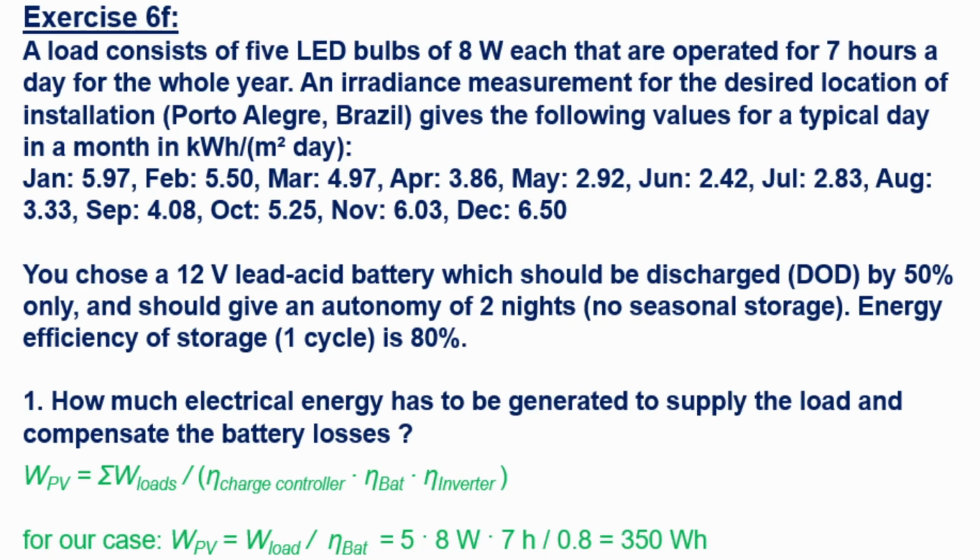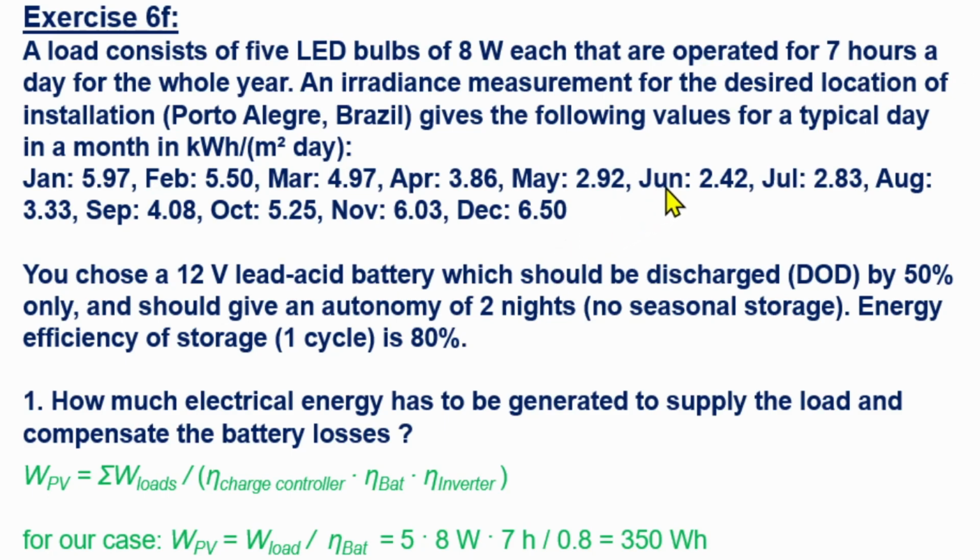So you have in January 5.97. The units are kilowatt hours per square meter per day. For February the sun is already a bit lower, so it's 5.5 kilowatt hours per day only. And it goes on to the equinox in March, where we have 4.97 kilowatt hours per square meter per day, and so on.